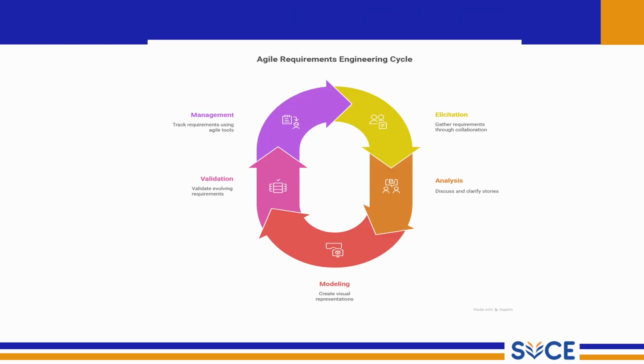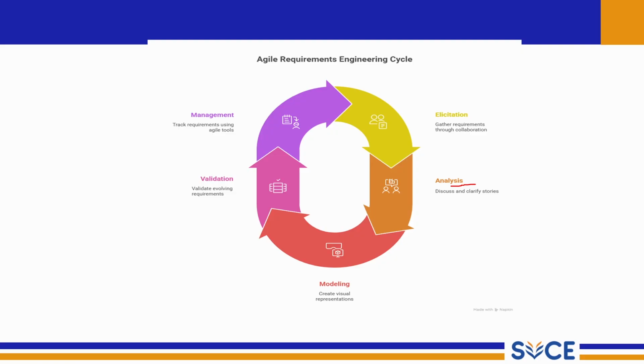In the next slide, we are going to see the Agile requirements engineering cycle. Number one is elicitation, which means gathering the requirements through collaboration. Next one is analysis, discuss and clarify the stories.